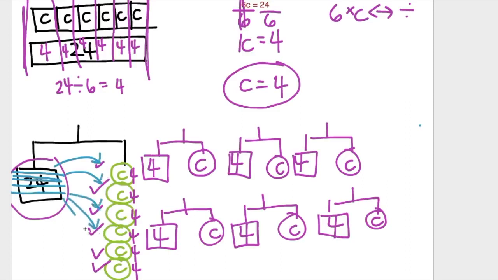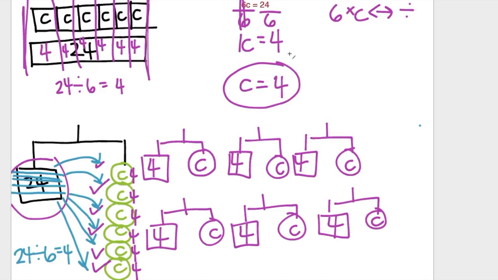So then they have to figure out, well, how much would each c get? And that would be 4 as well. So in both cases, it's 24 divided by 6 to figure out that each of the c's gets 4 to make up the 24. And remember, algebraically, you're just doing the inverse operation. Since 6 was multiplied by c, you're going to divide by 6 so that you get c by itself, and you get the 4 as well.